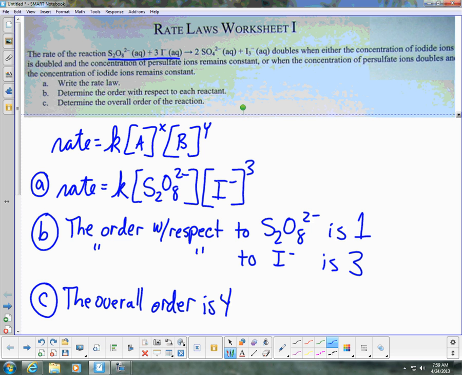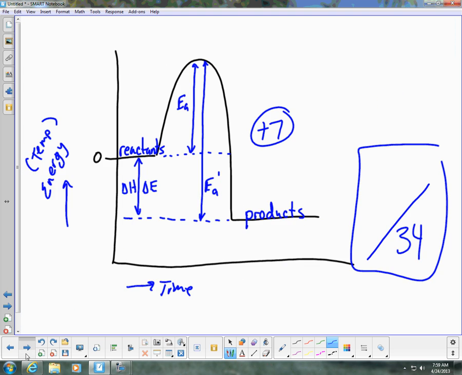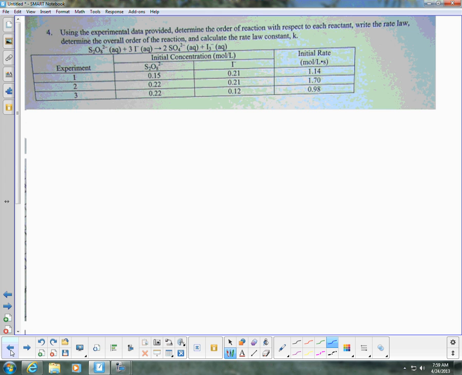Now we're going to slide down to number 4, which is actually experimental data for this reaction, and we're going to figure out what the rate order is. We've still got the same thing, but this time instead of writing the numbers in, we're going to put them as x and y and solve for them because we have data.